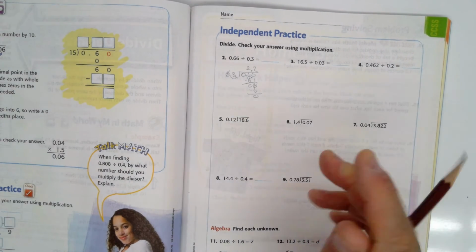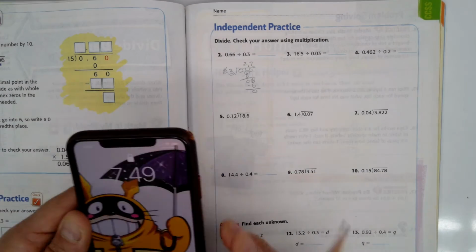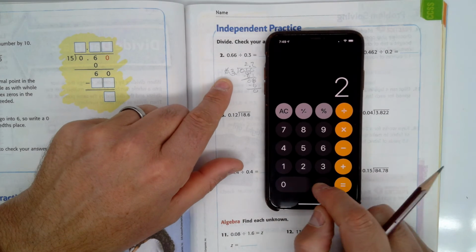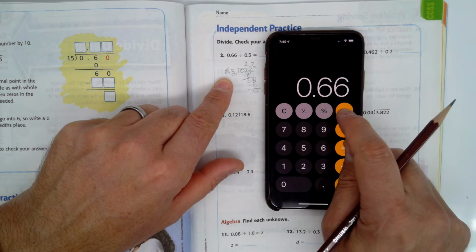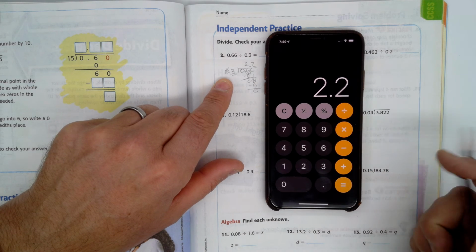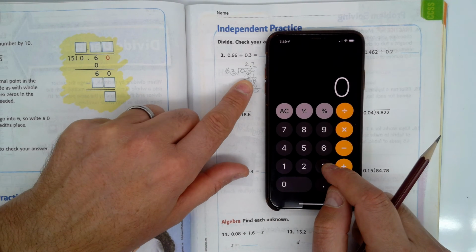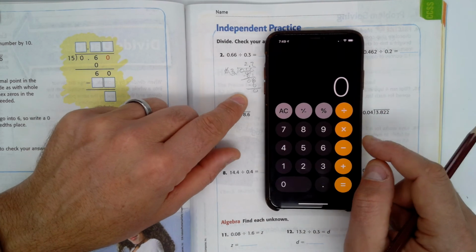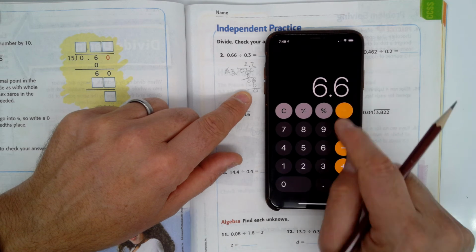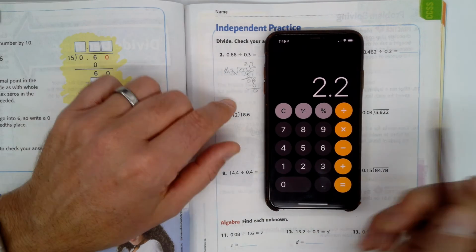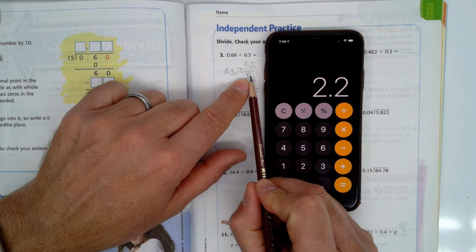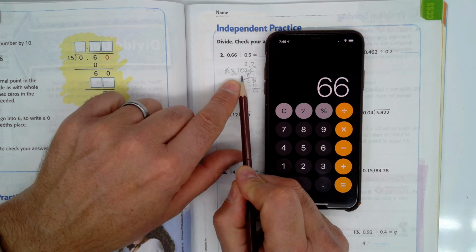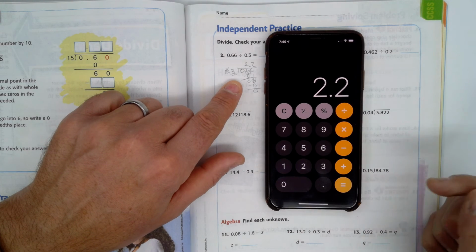If I took out my calculator and did this problem for you, watch what happens. If I do 0.66 divided by 0.3, it would equal 2.2. If I do 6.6 divided by 3, it's still 2.2. If I had another decimal point and I did 66 divided by 30, if I move this one more over and then move this over, the answer will still be 2.2.